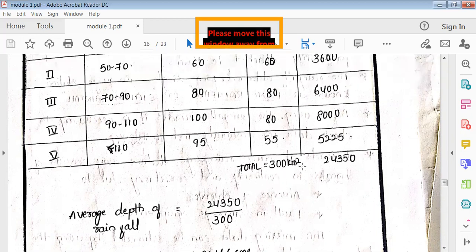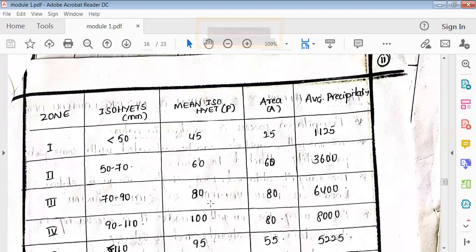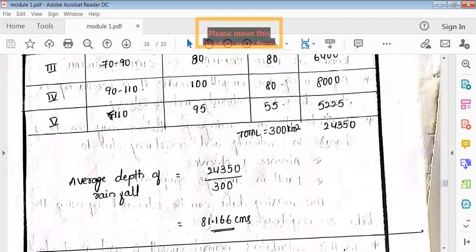Again, same thing here also. You can notice this value is P into A. P is in terms of mm. So it is mm into kilometer square divided by kilometer square. 24350 divided by 300 would be 81.16.